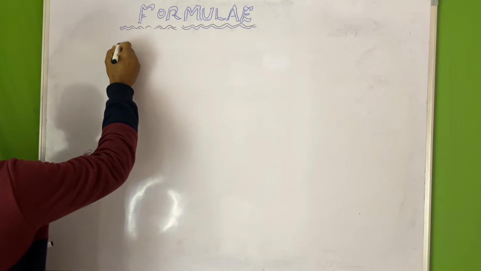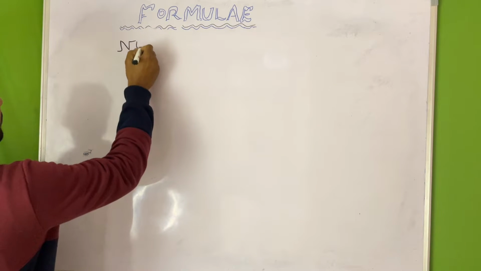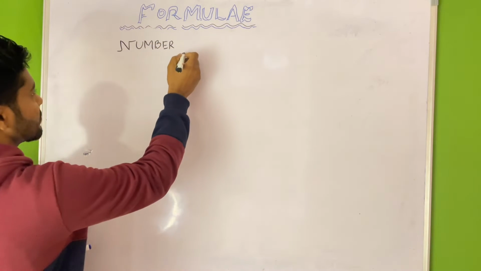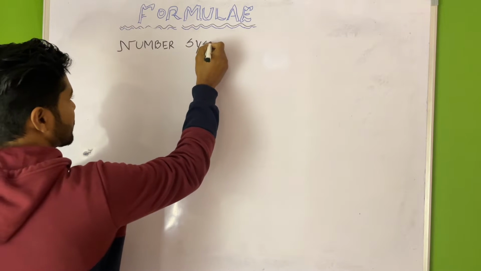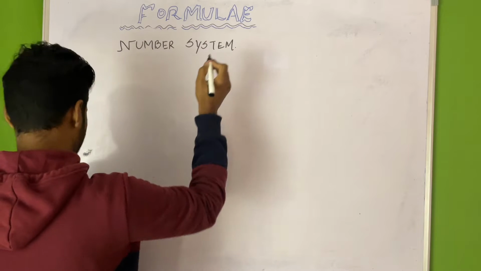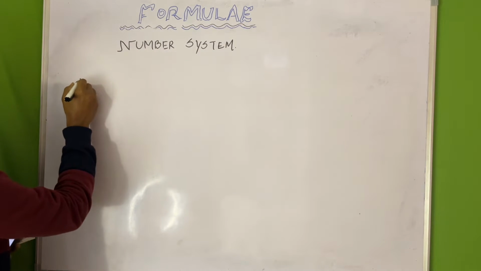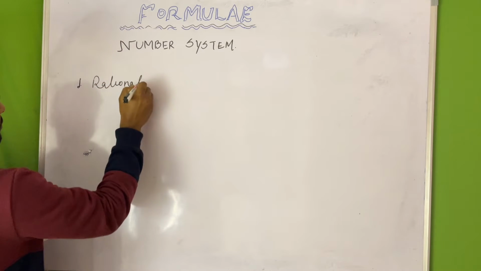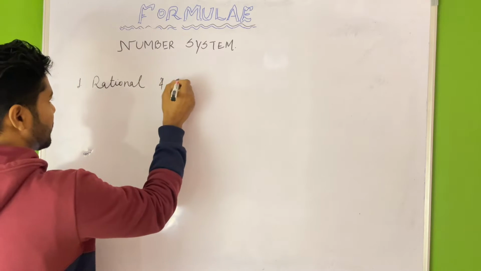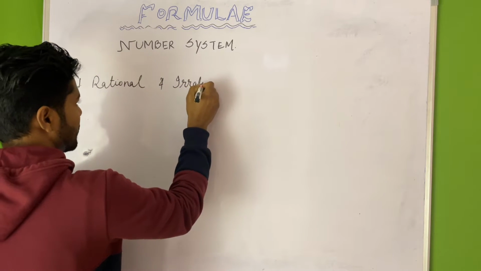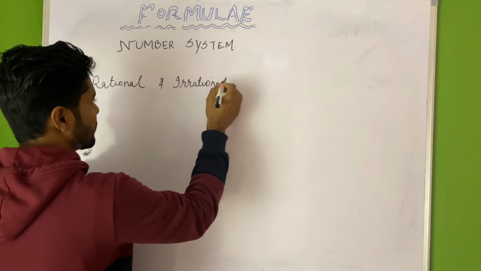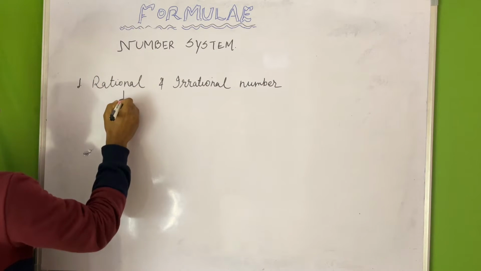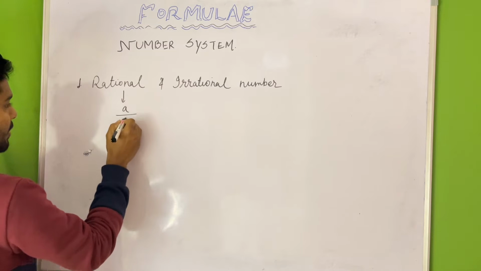First is number system. Number one, rational and irrational numbers. Rational numbers are those numbers which can be written in the form of a by b.